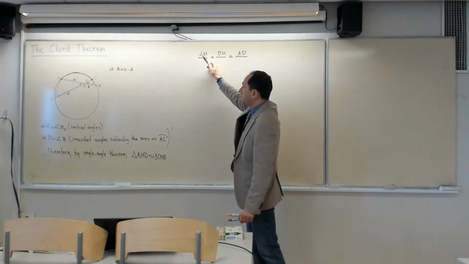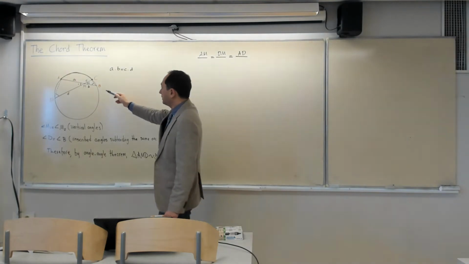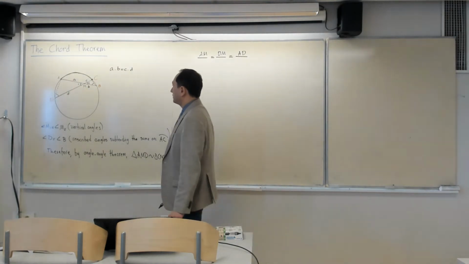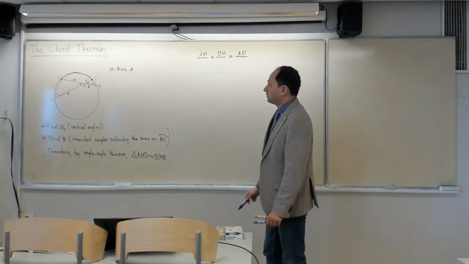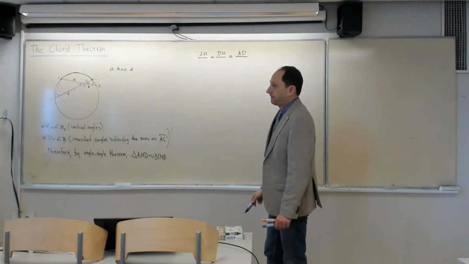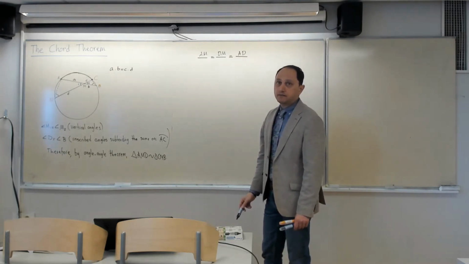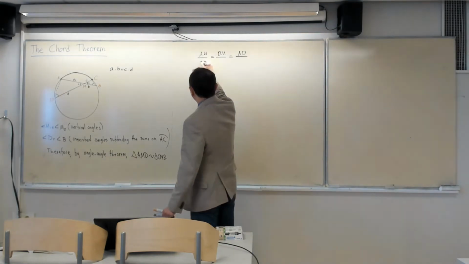So tell me, when I write AM from the bigger one, what should I write from the smaller one? Yes? CM. Why is that?